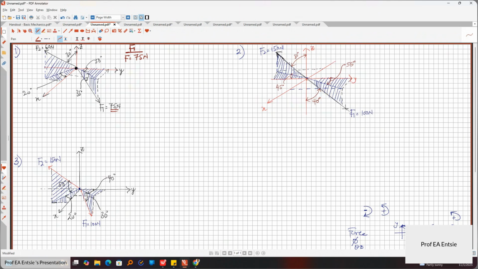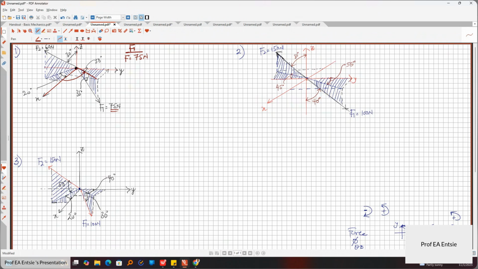Then, what is the plane containing F1? This is the plane, the one I've shaded blue here. So you check the angle between the positive x axis and the plane containing the force F1. So you check the angle here up to the base of the plane containing the force F1.